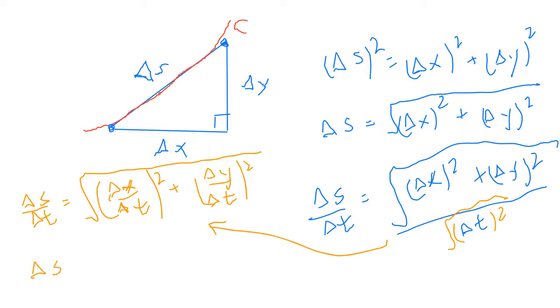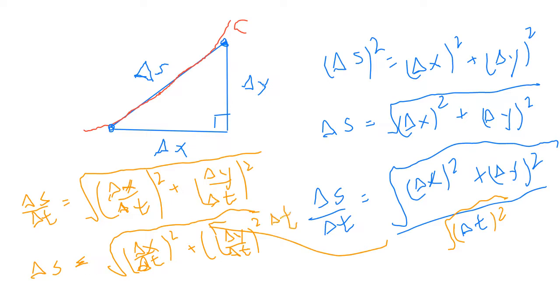Delta S would be equal to the square root of delta X over delta T squared plus delta Y over delta T quantity squared, times delta T. Okay, so let's make sure. Let me just fix this arrow a little bit here.